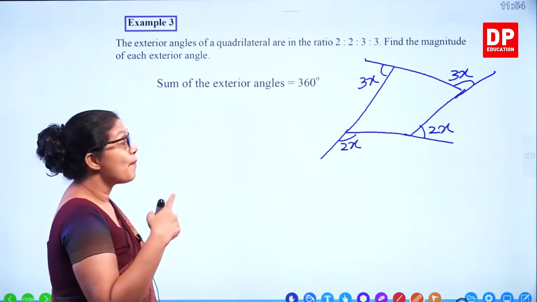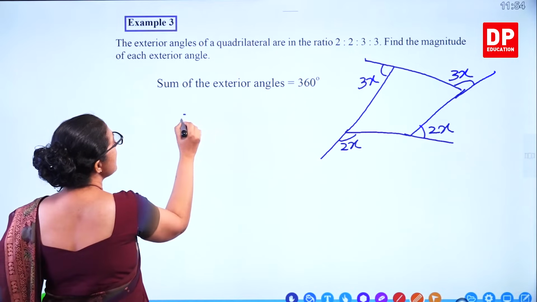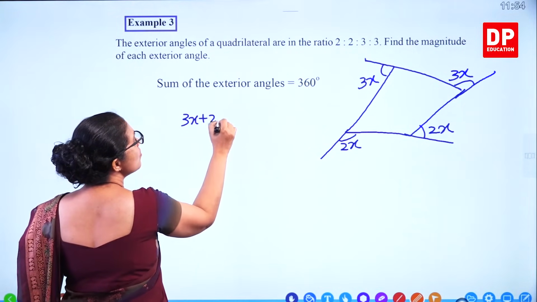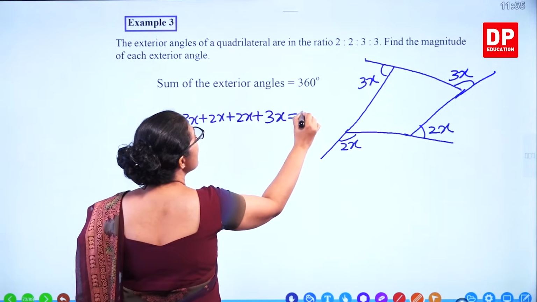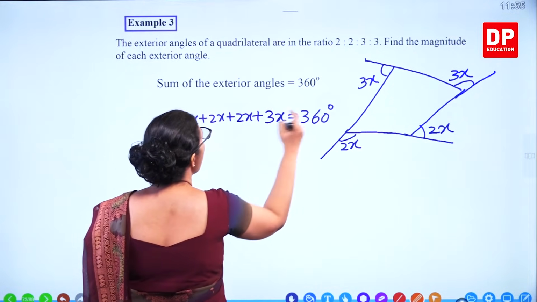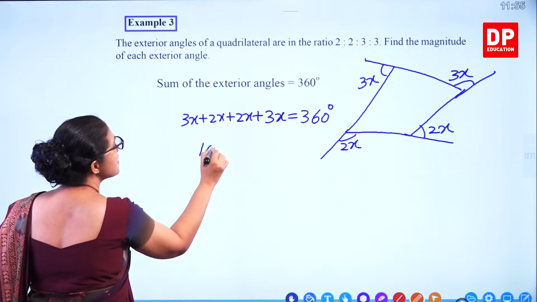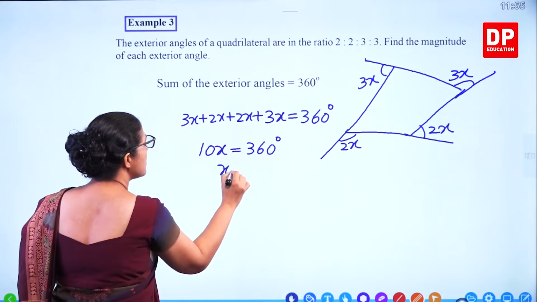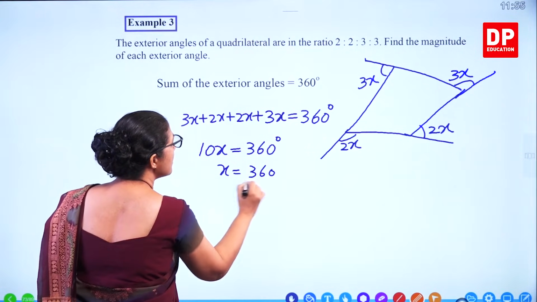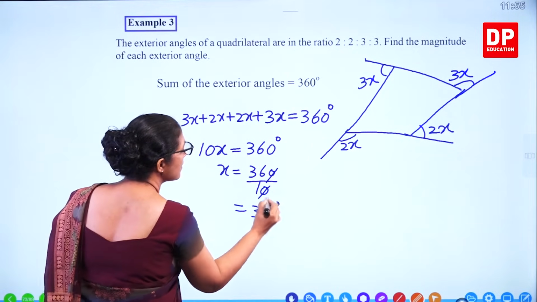Now we know the sum is 360. So 3x plus 2x plus 2x plus 3x is 360 degrees. 3 plus 3, 6, 6 plus 2, 8, 8 plus 2, 10x. That's 360, so x equals, divide by 10, you get 36 degrees.